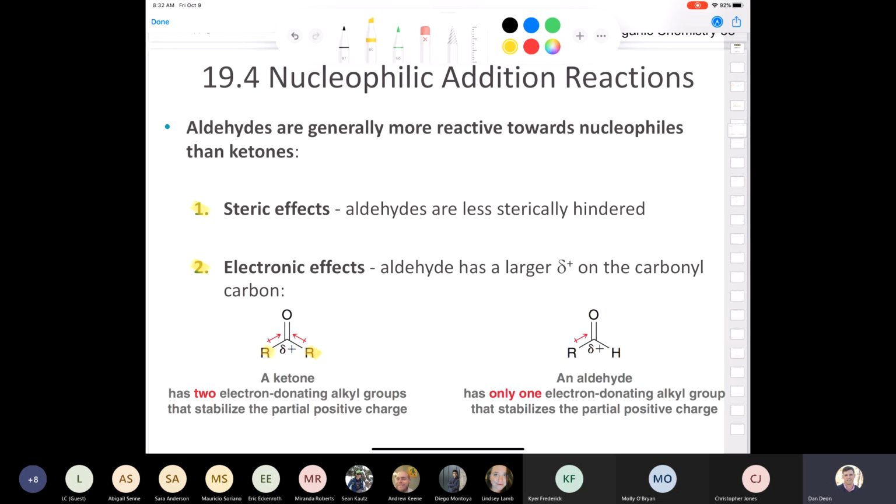Whereas the hydrogen atom doesn't have that capability of stabilizing that partial positive charge. The aldehyde only has one electron donating alkyl group, again via hyperconjugation, and therefore the positive charge on the carbonyl of the aldehyde is significantly more positive and thus more susceptible to nucleophilic attack.